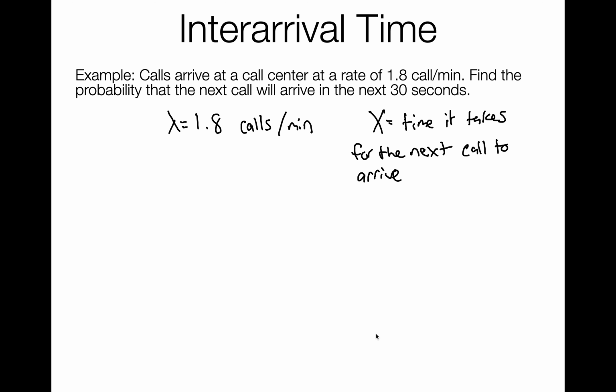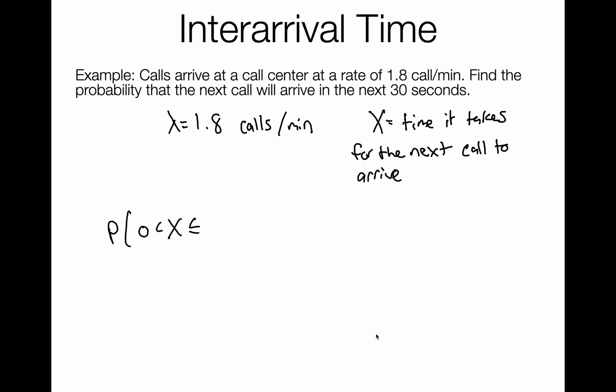In the next 30 seconds means I'm going to take the integral to find the probability that x is between, so it has to be greater than 0, and then less than or equal to some number. Here we have to keep track of the units of the problem.